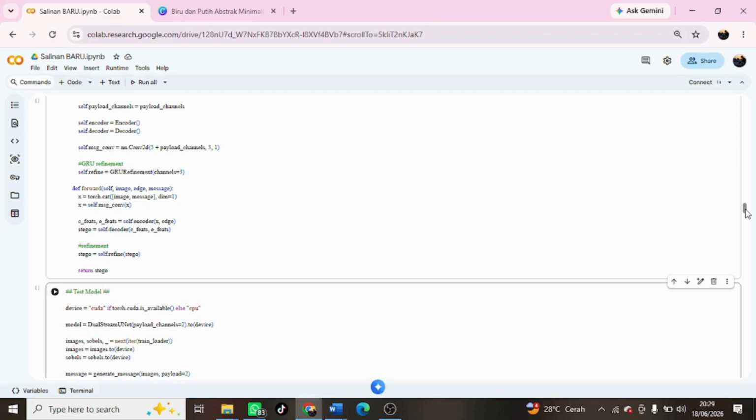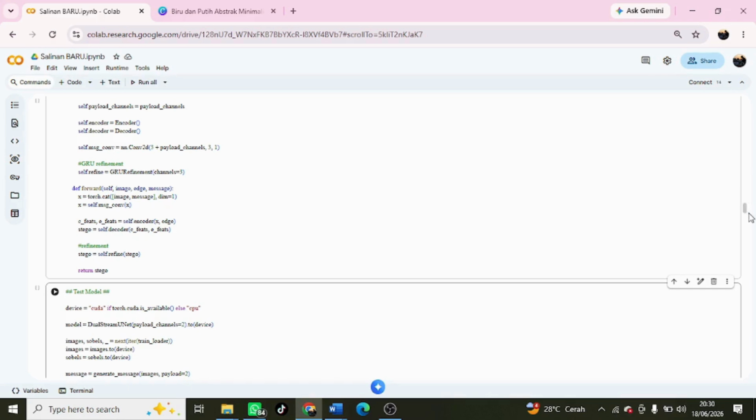During the model testing phase, preliminary tests were conducted to ensure that all components of the UNet dual stream architecture were connected and functioning properly. The model was first initialized with a payload of 2 BPP, then a batch of data consisting of a cover image and an edge image generated by the Sobel filter was retrieved from the data loader and transferred to the available computing device, either a GPU or a CPU.